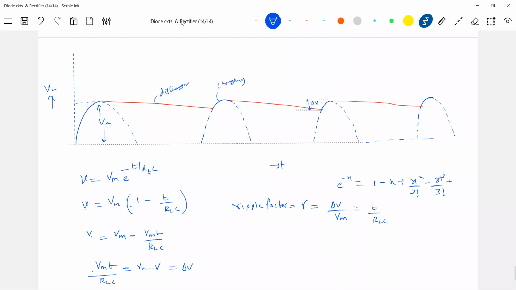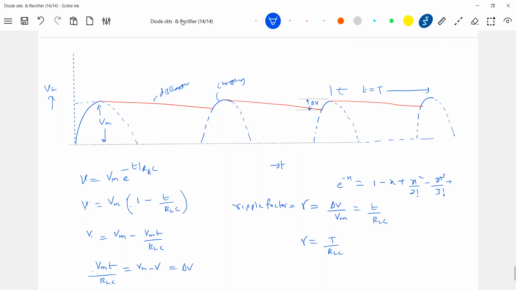T is defined from here to here. That is one time period of that signal only. So this will become T by RLC.